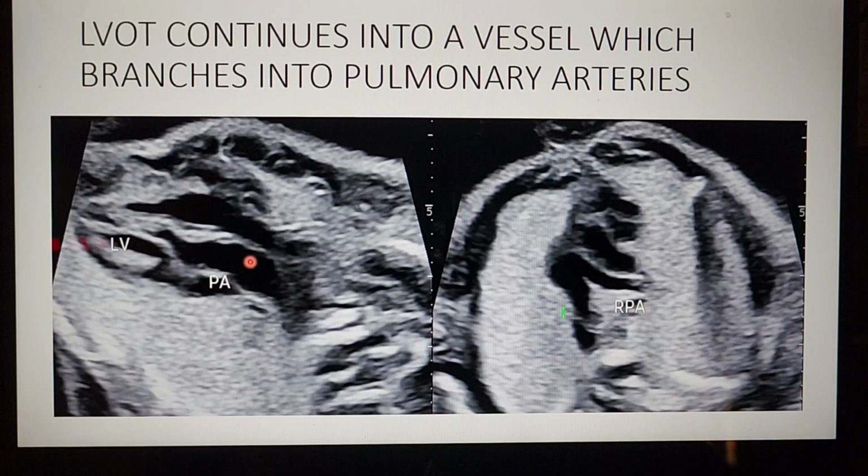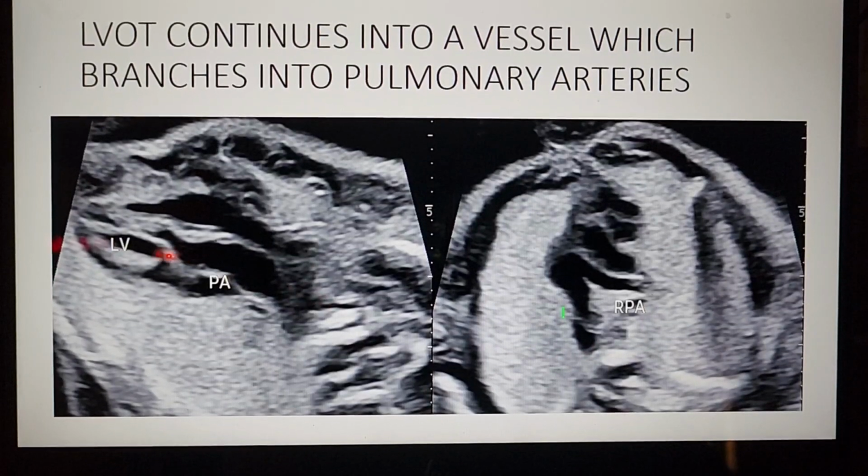We just saw the LVOT view which had a smooth curve with the aorta facing downwards. Now you see the LV continuing with a vessel with loss of that normal appearance, and you can see that this vessel is pointing more posteriorly, and subsequently when I trace this vessel, it actually gives rise to branch pulmonary artery and ductus arteriosus.